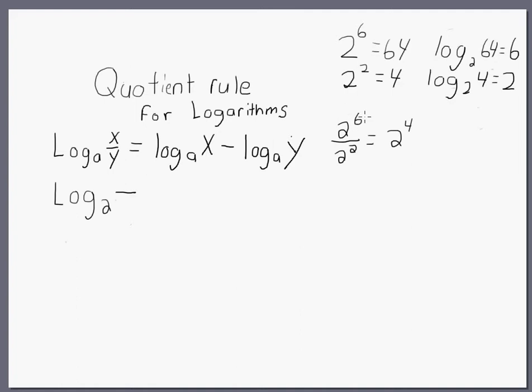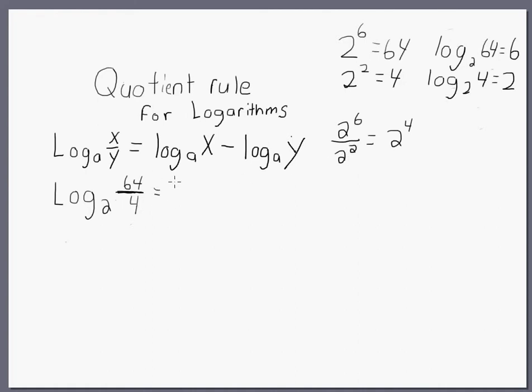I'm going to deal with a 6 up here, and in order to make a 6, I'm going to say 2 to the 6th power, which is 64, and I'm going to deal with this exponent of 2 right here, which we know is 4.